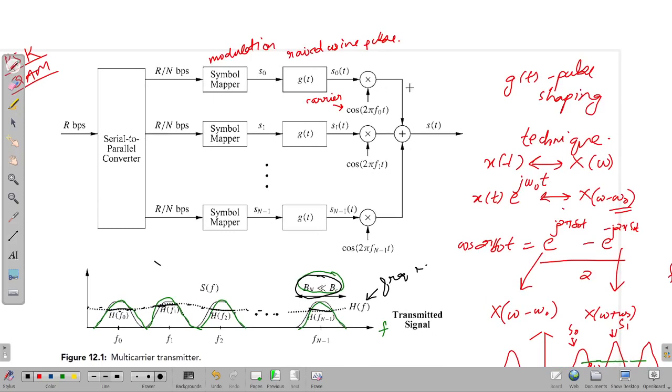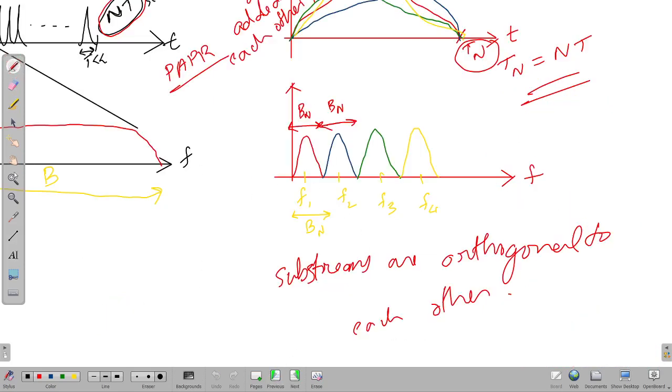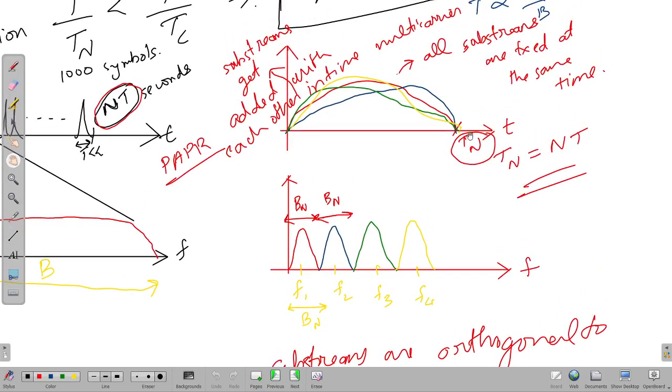All these symbols, after modulation, are added together, combined and transmitted at the same time, which is the diagram they have drawn here.